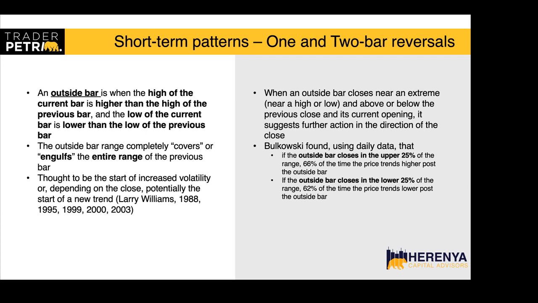So if the outside bar closes in the upper 25% of the bar, then there's a 66% chance that the following day is going to be an up day, and if the outside bar closes in the lower 25% of the range, then there's about a 62% chance that the following day will be a lower day or a down day.